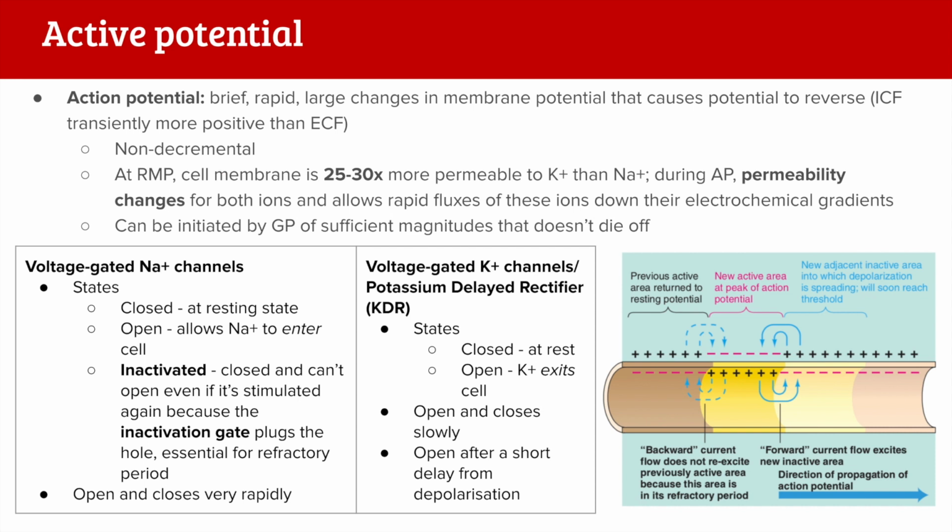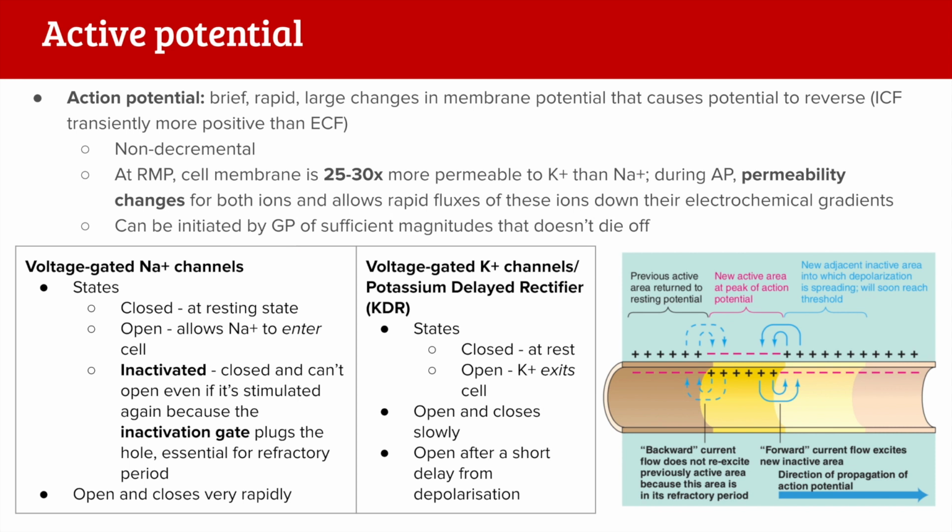Like I've already said a billion times now, at resting membrane potential, the cell membrane is 25 to 30 times more permeable to potassium than sodium. But during an action potential, this changes, and the ions flow down their concentration gradients. An action potential can be initiated by a graded potential of sufficient magnitude. We'll look at this more on the next slide.